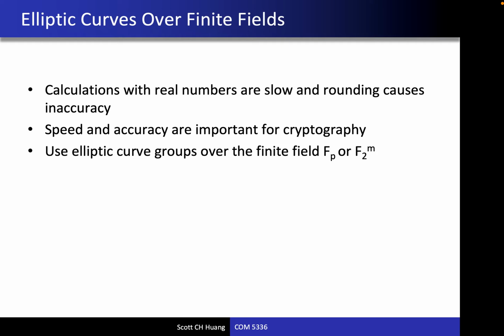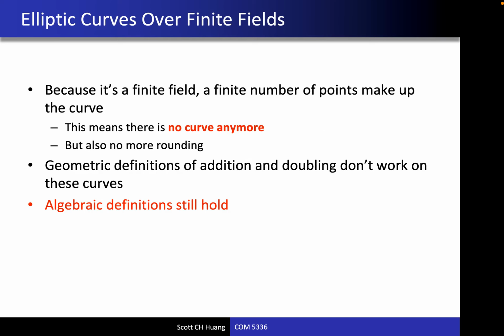For example, we'll never use GF(3^m). This is not practical. Nobody cares about such a field because no computer system is ternary. Everything is binary. So because it's a finite field, there are only a finite number of points on the curve.